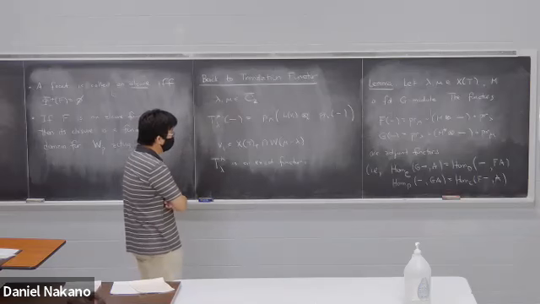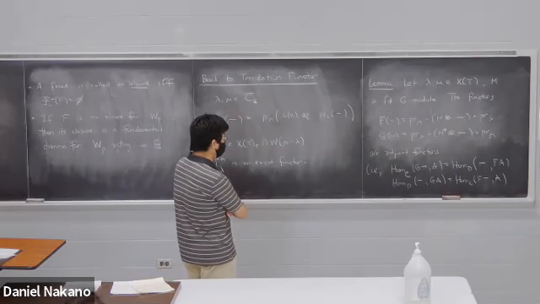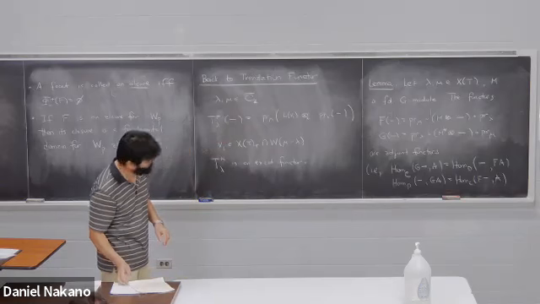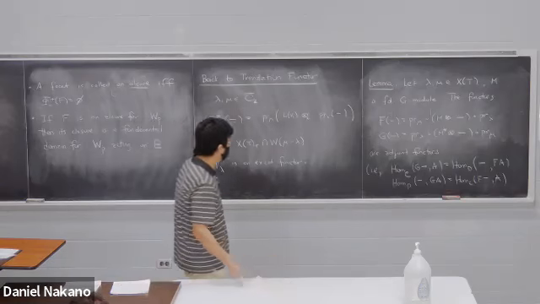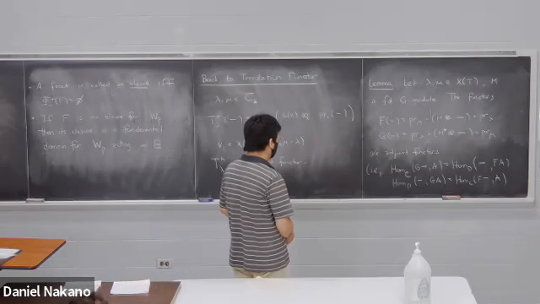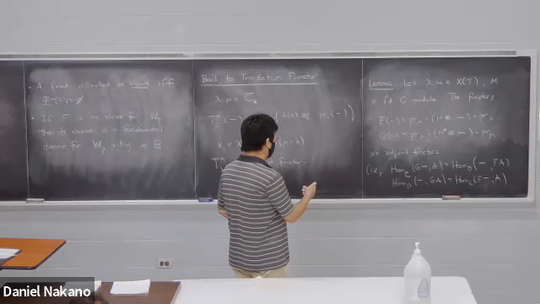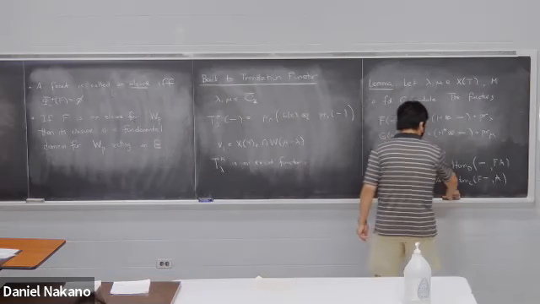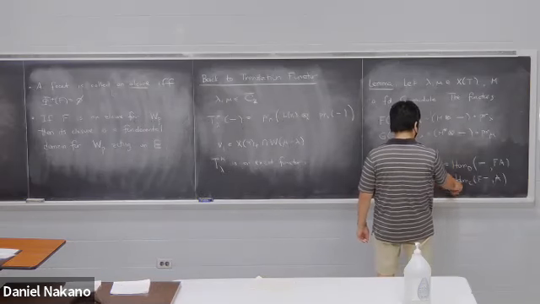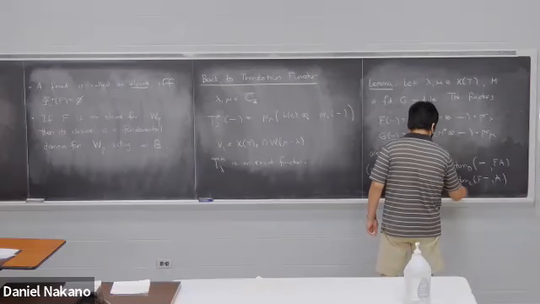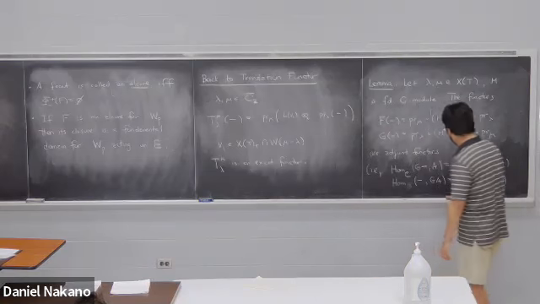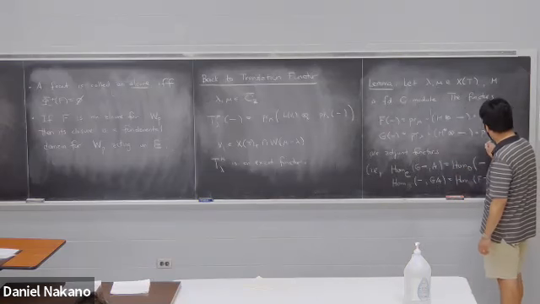Actually, no, I guess it's the same thing. Let me make sure I got these right here. I probably got them mixed up. I think this should be a C and this should be D. Otherwise, it's kind of saying the same thing. So let's look at this for a second. G should be a functor from where to where?